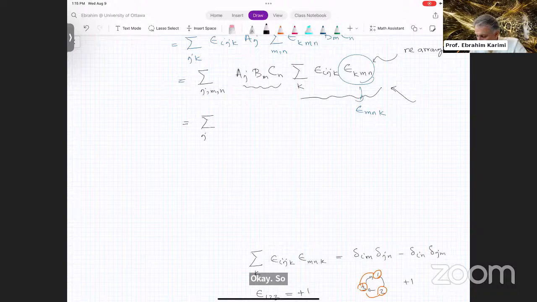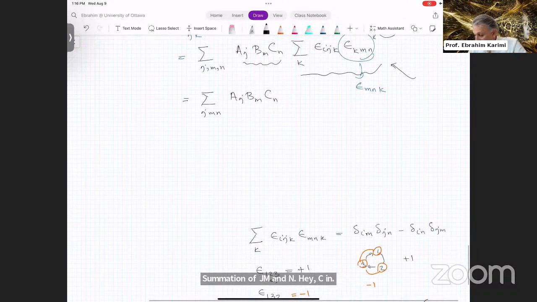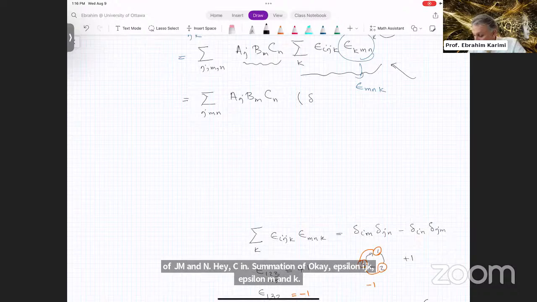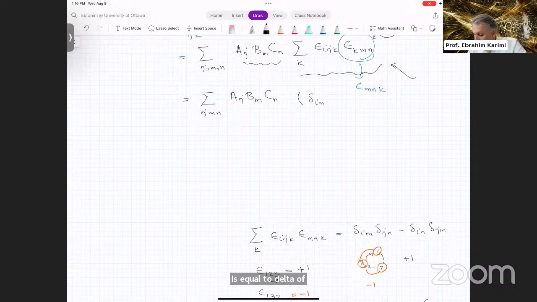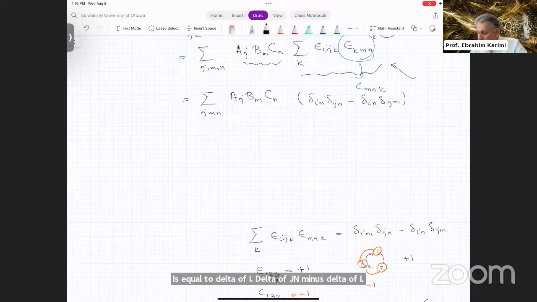Summation of J, M, and N, AJ, BM, CN, summation of K, epsilon IJK, epsilon MNK is equal to delta of IM, delta of JN, minus delta of IN, delta of JM.